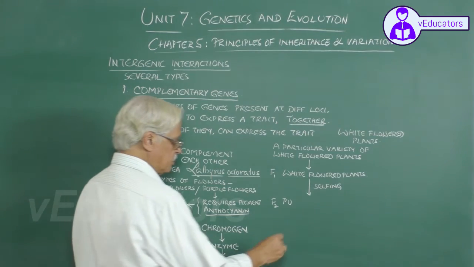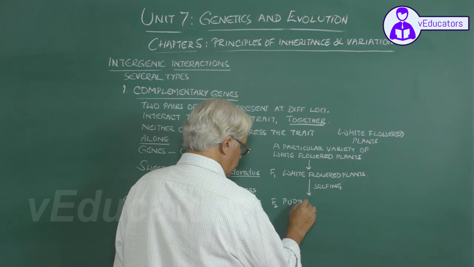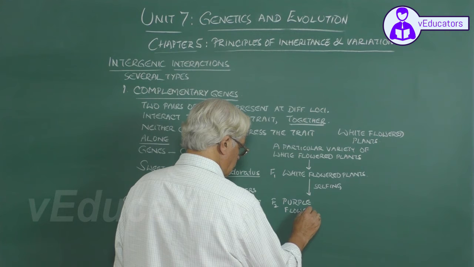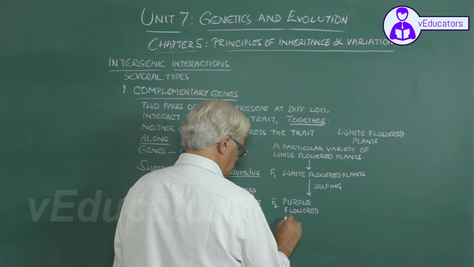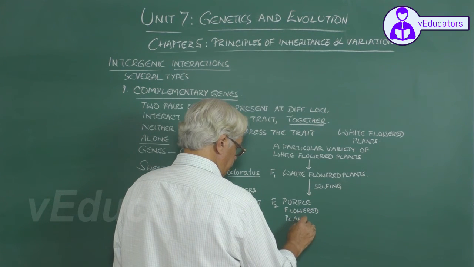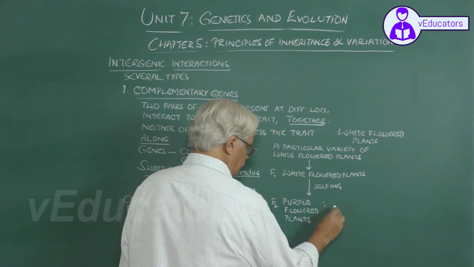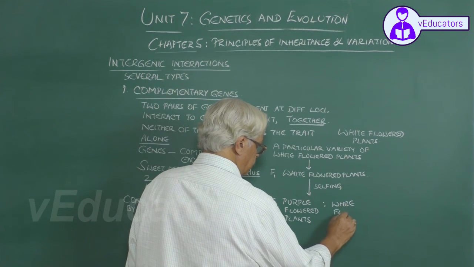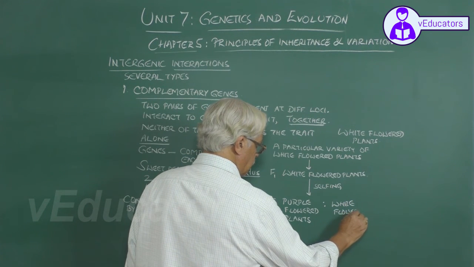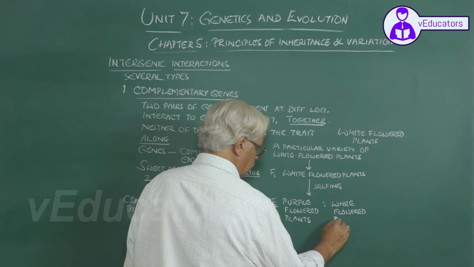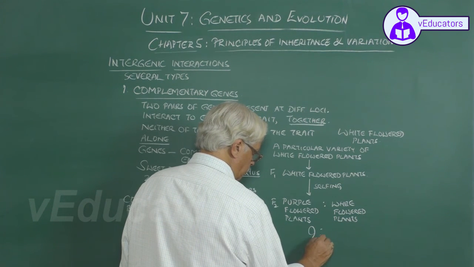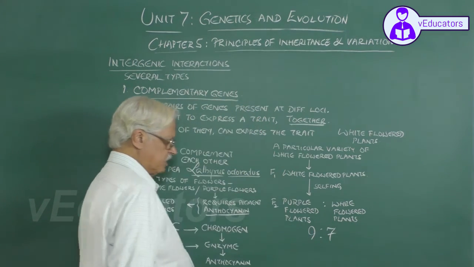In the F2 generation you will get purple flowered plants and white flowered plants in the ratio 9:7.